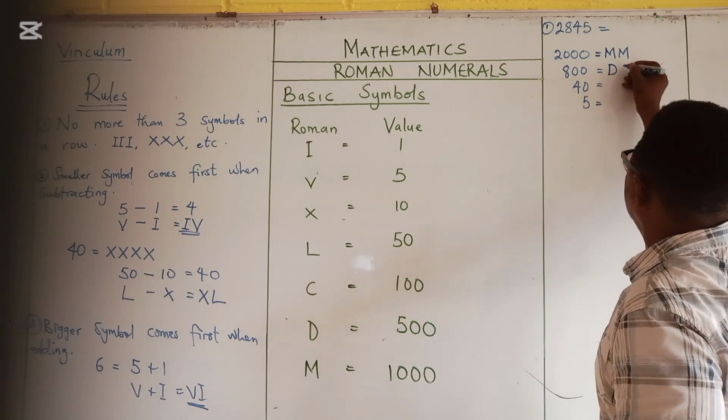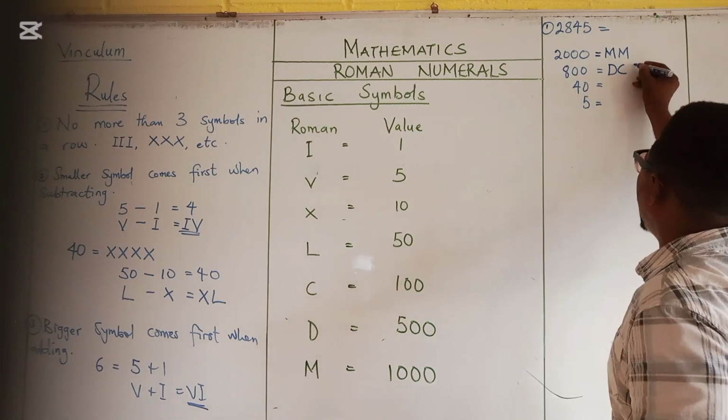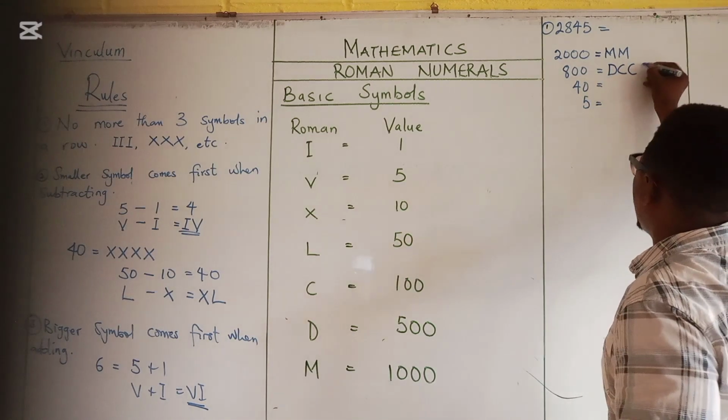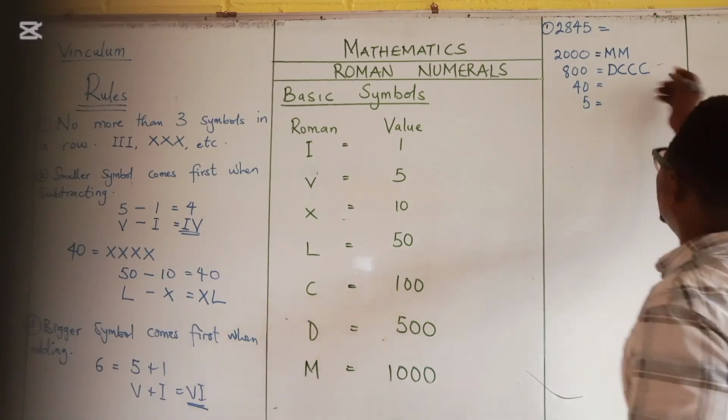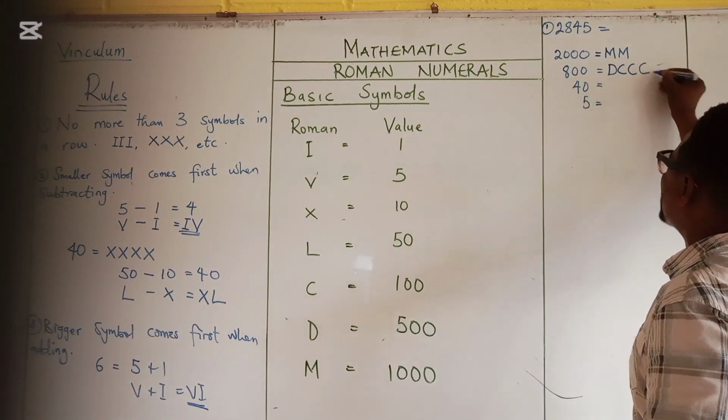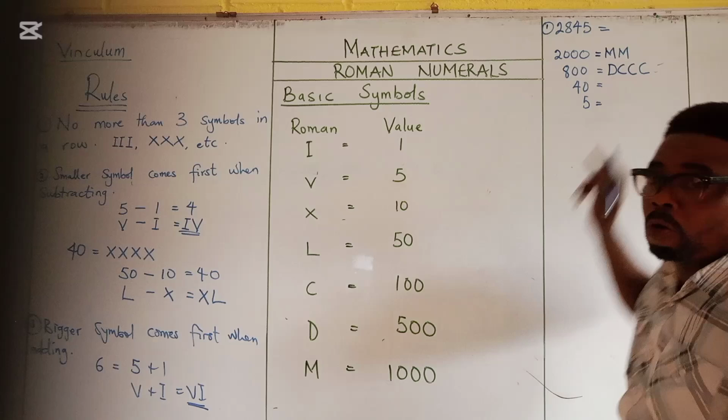One C is 600, another C, 700, another C, 800. If I have 900, then I cannot add one more C because they must not be 4.